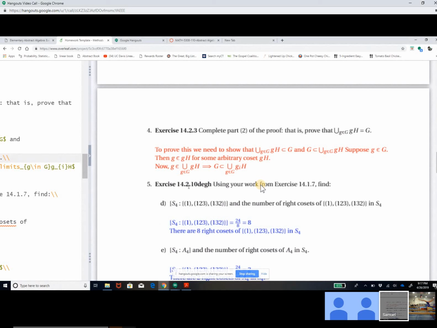So to show that it's a subset, you have to show that everything in the union is in big G. Now, you can look at those sets in the union one by one, right? If every one of those sets is in big G, then the union's in big G. All right, so you can approach it that way. Think about it that way.